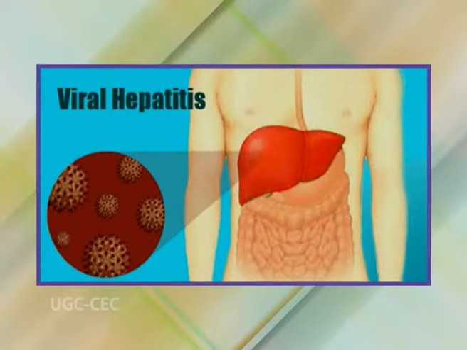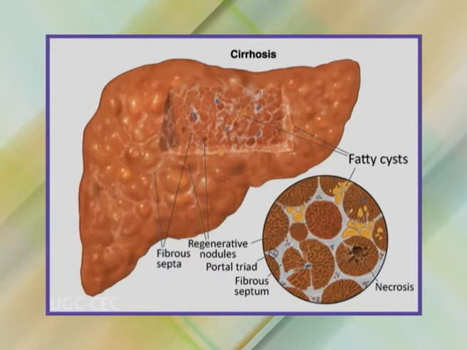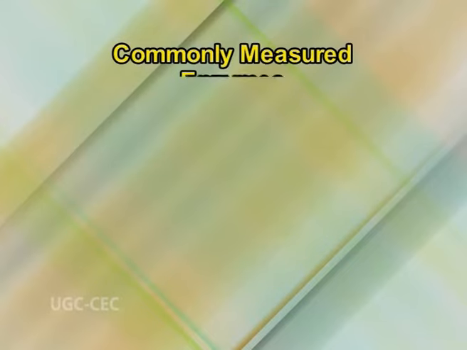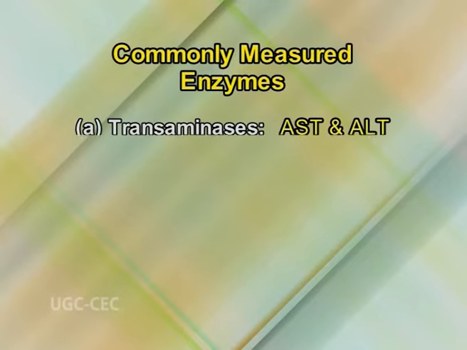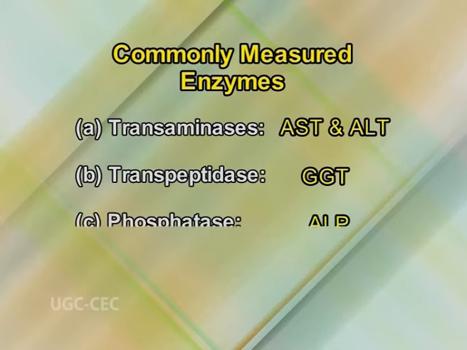Liver enzymes are measured to get an idea of the cellular insult on the liver and are increased in a wide variety of conditions such as viral hepatitis, toxic hepatitis and cirrhosis of liver. The commonly measured enzymes are transaminases, which include AST and ALT, transpeptidases, which include GGT, and phosphatases, which include ALP.